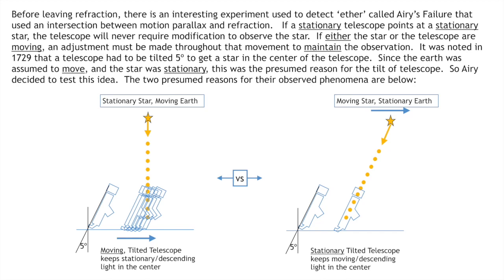Versus the other idea was that light moves straight down through an ether or atmosphere, and it moves independently of the Earth's movement. So in this case here, the light ray is now moving independently across a stationary tilted telescope. Or it could be that they're both moving, but that they're moving independent of one another. So again, we have a potentially stationary tilted telescope that keeps the moving or descending light in the center.